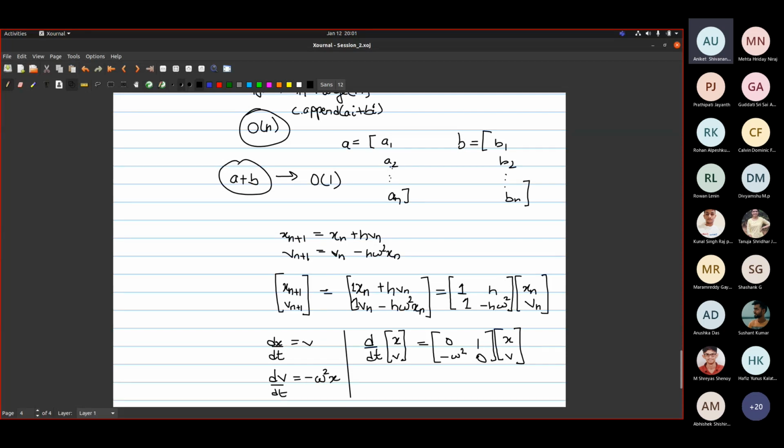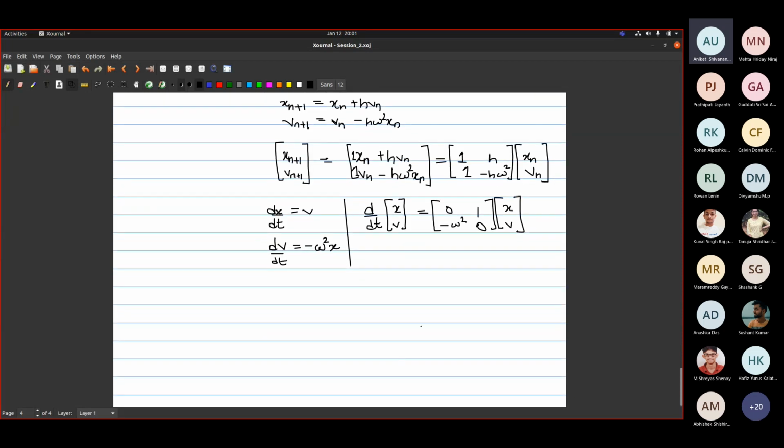So this xv vector, let's scroll down a little bit, I'm going to call this the boldface x vector. I'll put a vector sign over it to make it clear. So it is A times this vector x, where the x vector is [x, v].